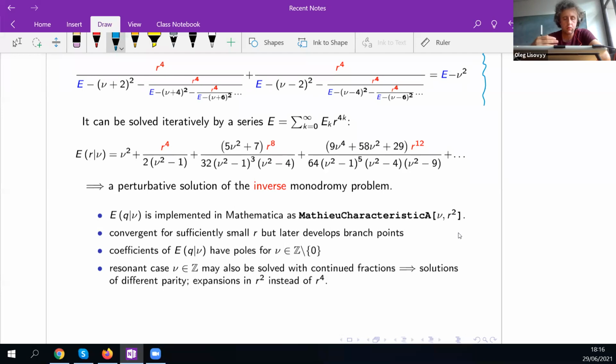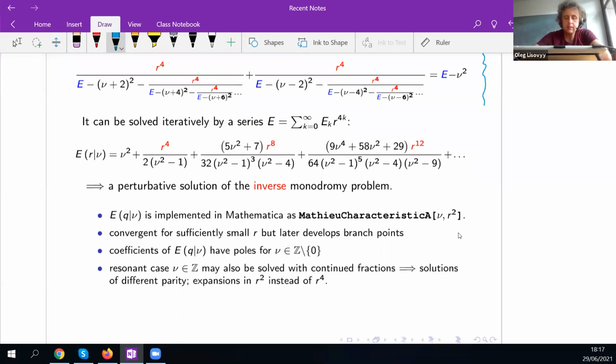So this converges for sufficiently small times, but later the series develops branch points. And the coefficients of the series, as you can see, have poles precisely for these resonant values of monodromy. So for nu integer, the coefficients have poles.